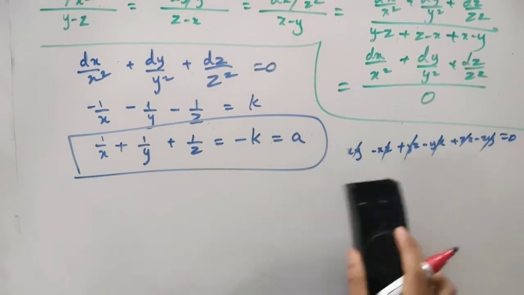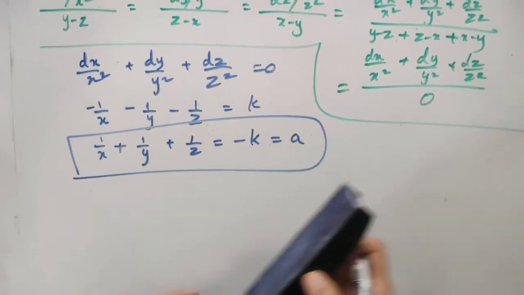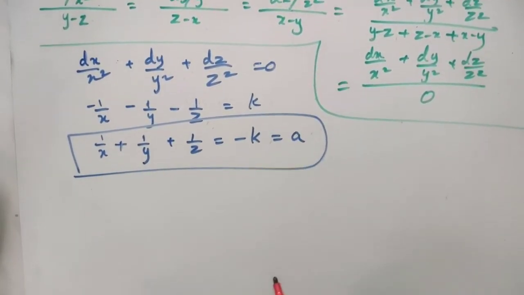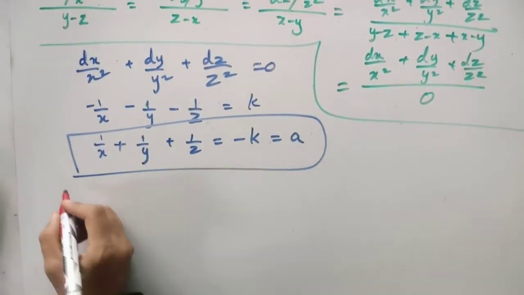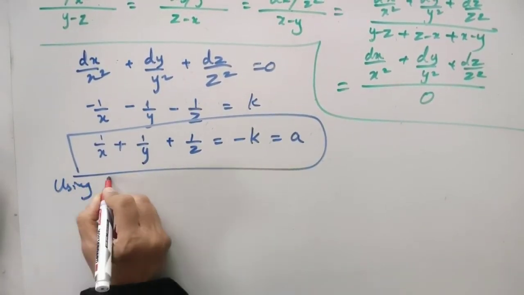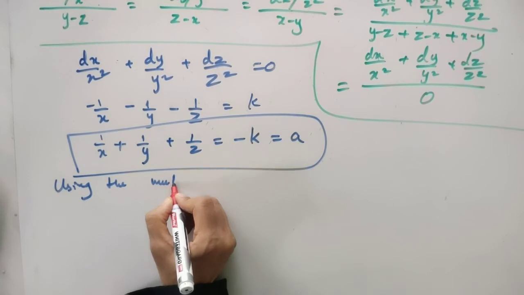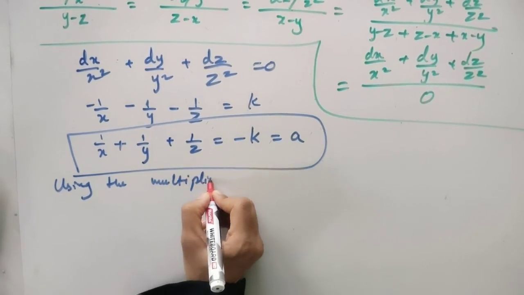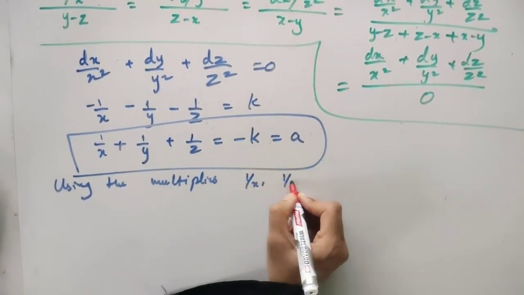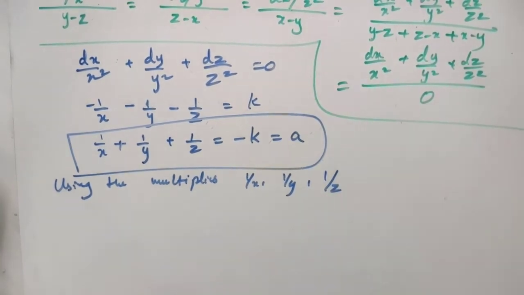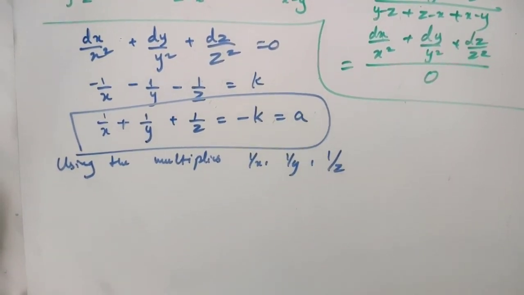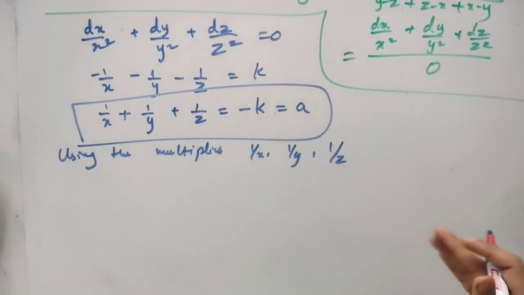So I can use the multipliers as 1 by x, 1 by y and 1 by z, and the same thing can be repeated. Earlier we had used 1 by x square, 1 by y square and 1 by z square.